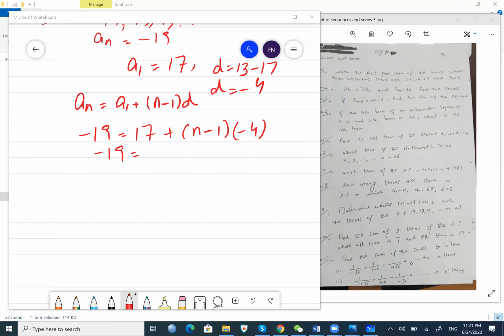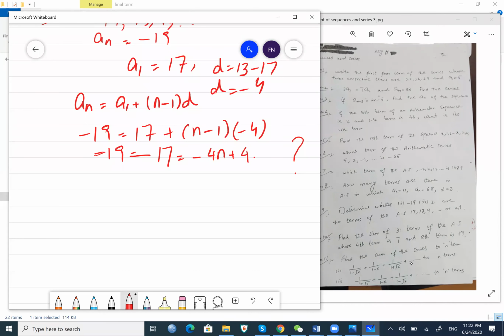Any question up till here? No. Okay. So minus 19, and this 17 will go to the other side. It will become minus 4 and plus 4.